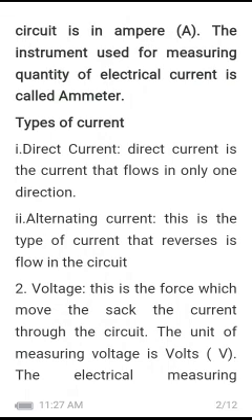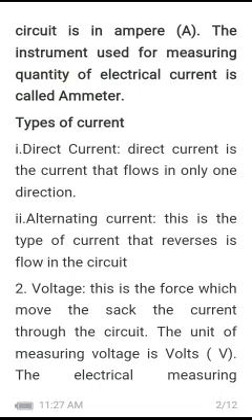We measure electric current in amperes, with the unit in capital letter. If it's 3, you have 3 amperes. The instrument used for measuring the quantity of electric current is called an ammeter.